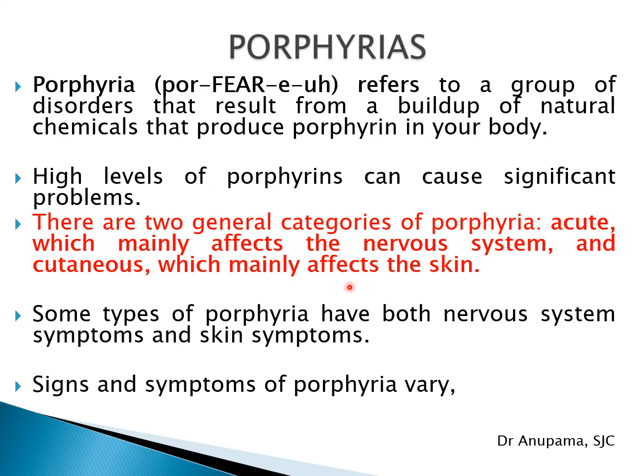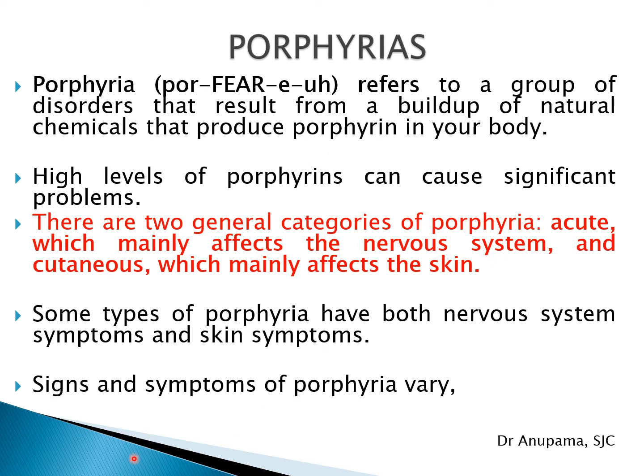We have what are known as acute porphyrias, which mainly affect the nervous system, and cutaneous porphyrias, which mainly affect the skin. Then there are some types of porphyrias which have both nervous system symptoms as well as skin symptoms, so they affect both.